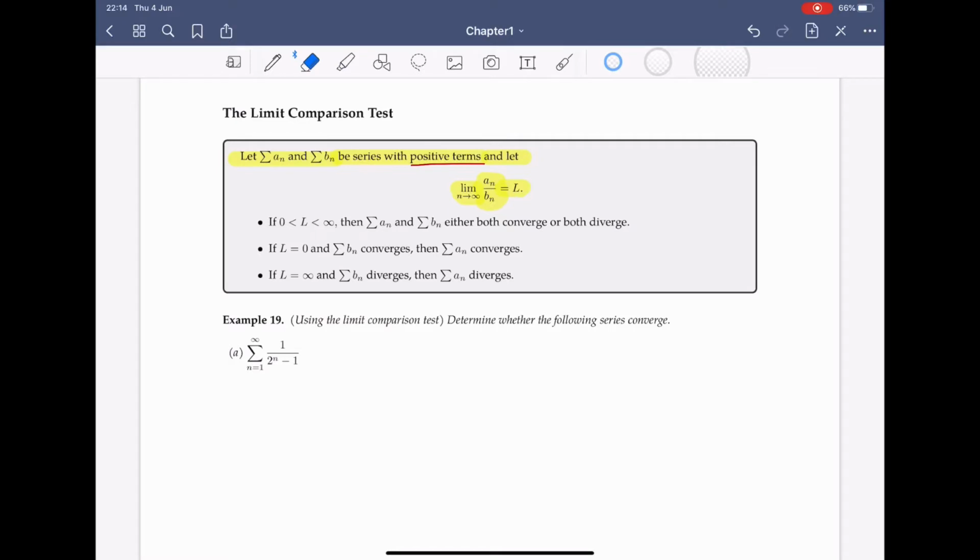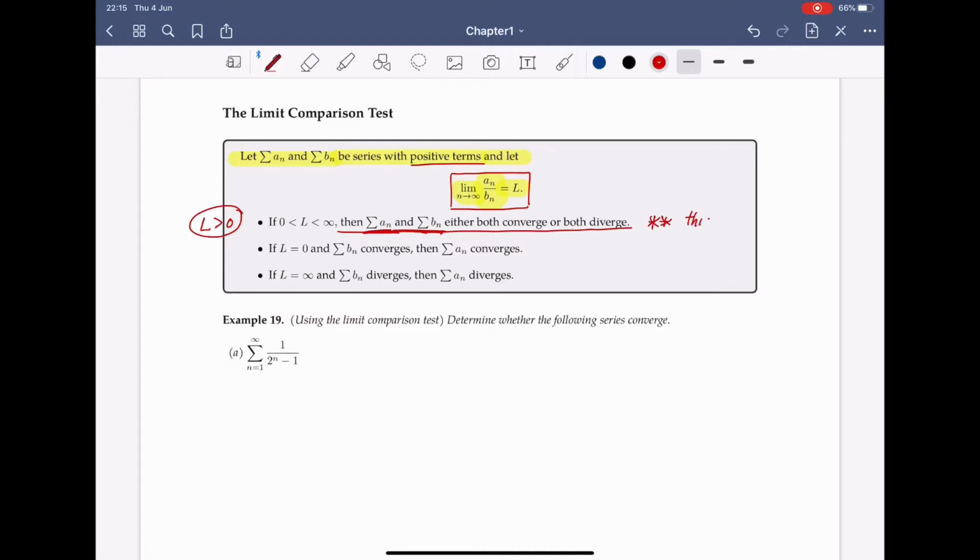This is the definition of L, and we conclude the pattern of convergence by looking at the value of L. If L is strictly positive, meaning L greater than 0, then series a_n and series b_n go the same way. That means summation a_n and summation b_n either both converge or both diverge. That is conclusion number 1.